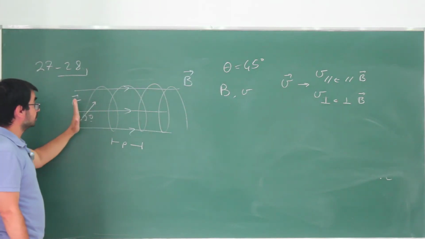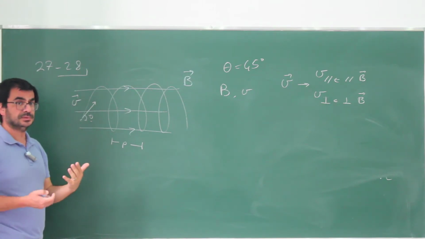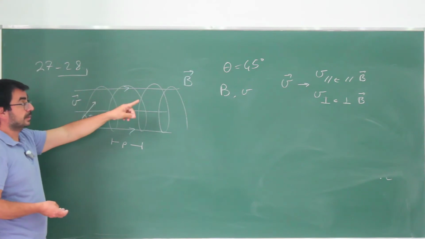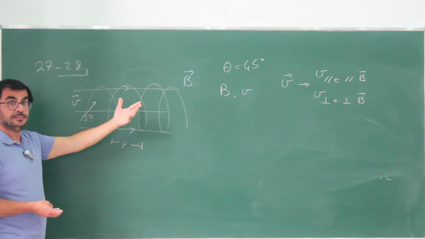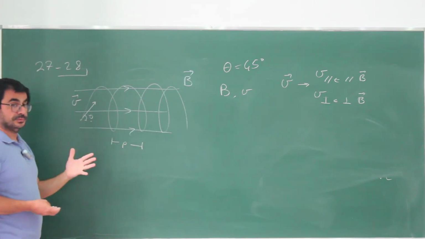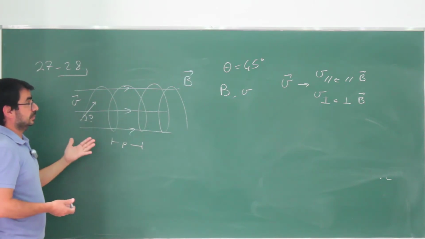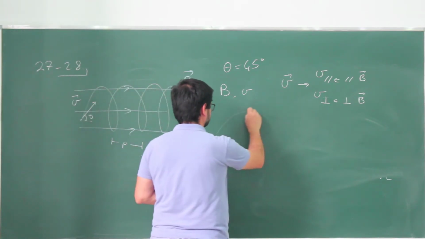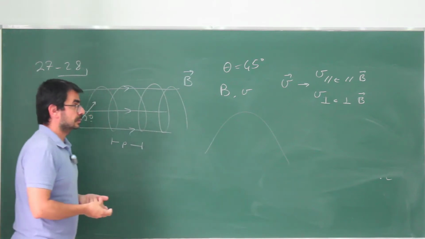Okay, so if I decompose this into two components, it does make sense to decompose the velocity into components, because one of them gets affected by the magnetic field. Because of the nature of the magnetic force, it always has to be perpendicular to the magnetic field. The other one does not get affected and just remains constant throughout the motion. So this is somewhat similar to projectile motion, where we decompose this into two motions.